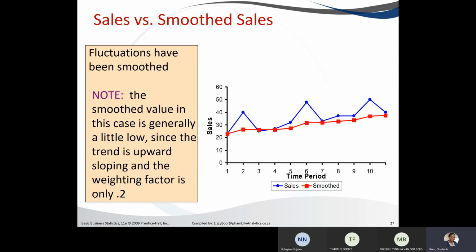If we used a bigger weighting, the trend would probably have mimicked the blue one, but not totally. It would still be smooth, but it might have looked like this. Sorry, my hand is shaking, but it would have been smooth like that. So since we used the smaller weighting, that's how it looks.